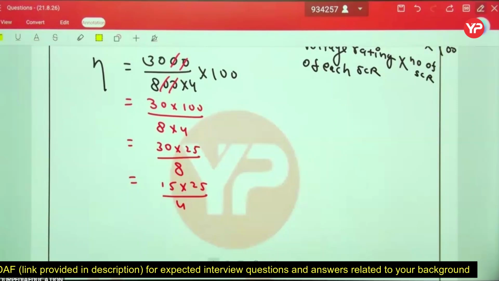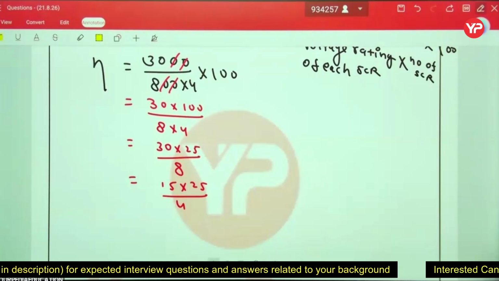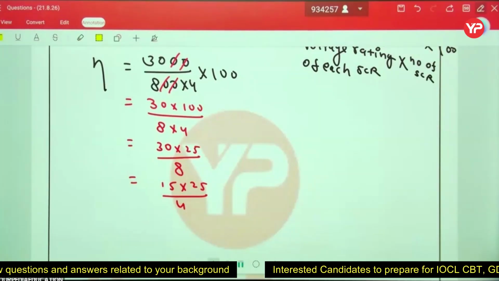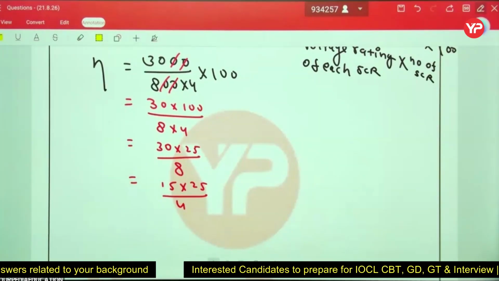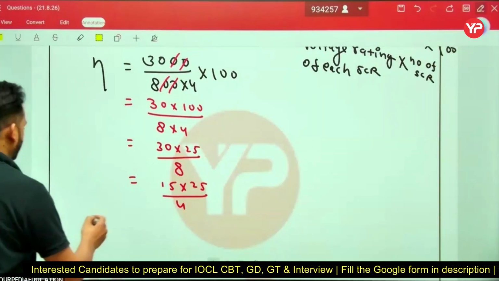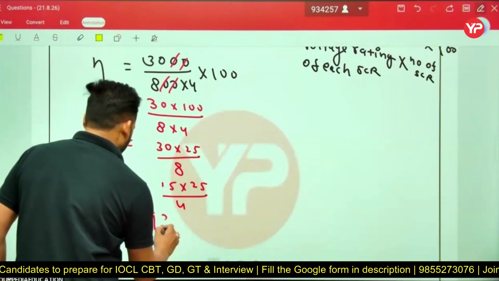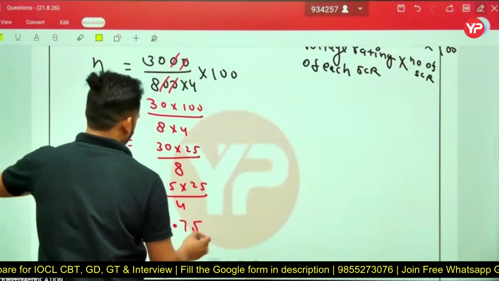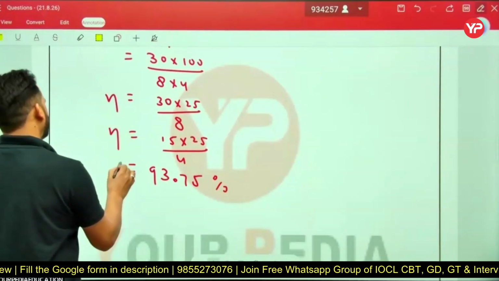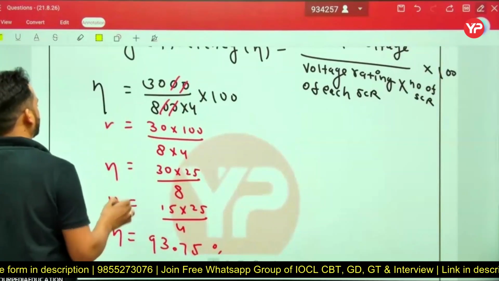It is 93.75 percent. This is the string efficiency actually.